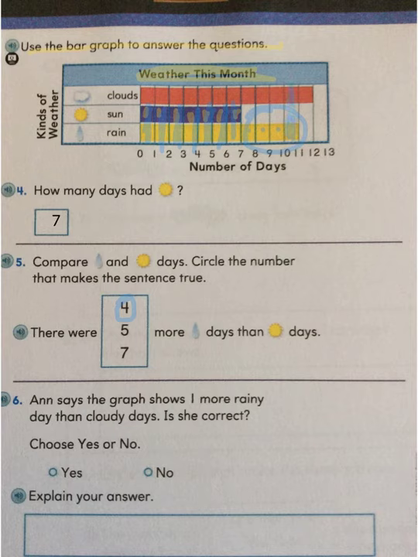I'm going to draw a line from rainy day to cloudy day, and I see 1 more at the end. So Anne says the graph shows 1 more rainy day. Not 1 more rainy day, there's 1 more cloudy day. Is she correct? No. So right here is where I'm marking no.